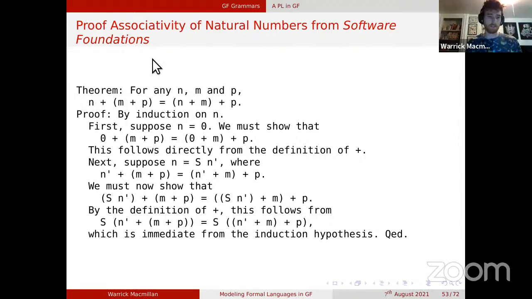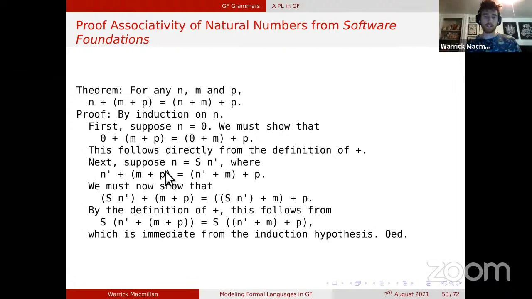So you just say that they're associative if you can basically reapply the parentheses in any order. And you do it by induction. So if the first argument is 0, then this follows directly from the definition, means that it's definitionally equal, this expression, that the programming language can actually just evaluate that and say that they're equal for you.